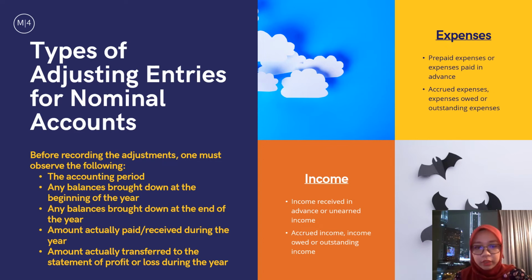Before recording any adjustment, we must observe the accounting period, the balance brought down at the beginning of the year, balance b/d, any balance carried down at the end of the year, or balance c/d, the amount actually paid or received during the year, and the amount actually transferred to the statement of profit or loss during the year.